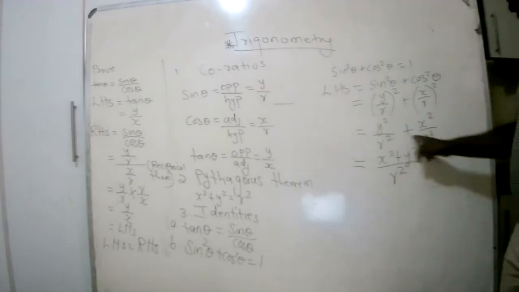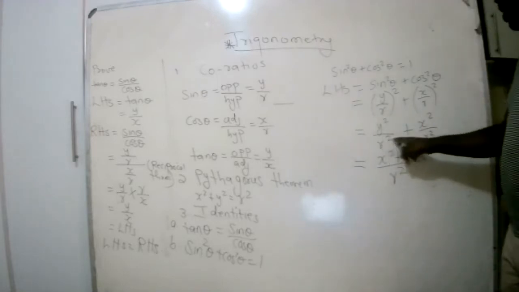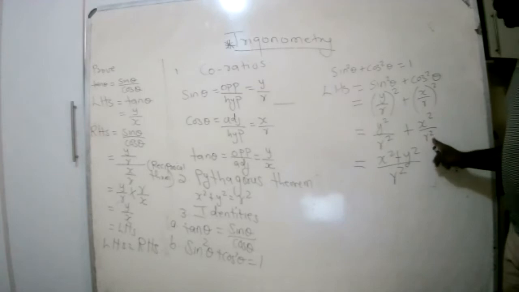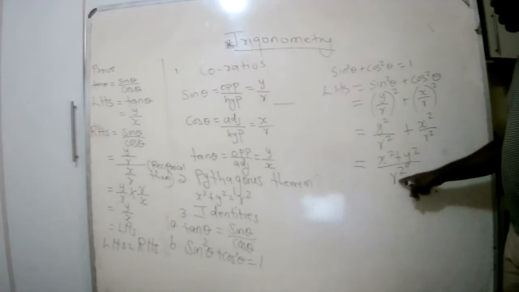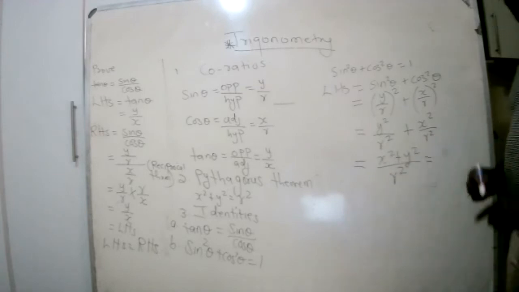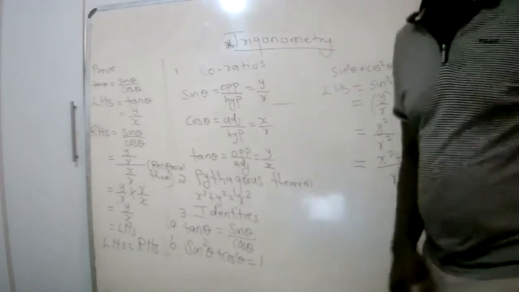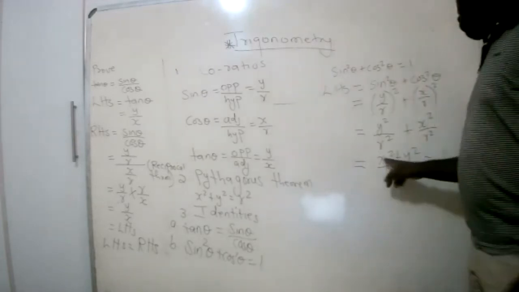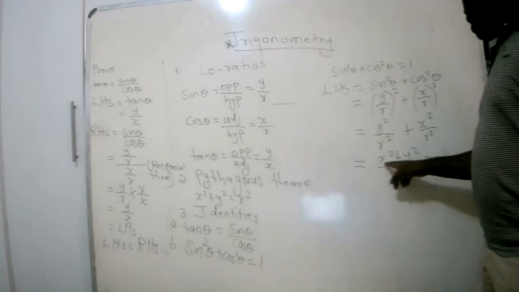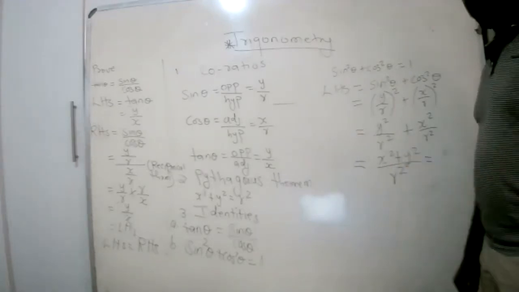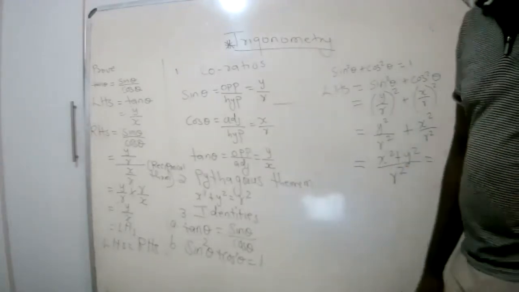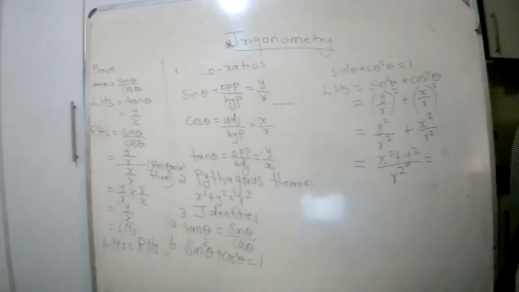If we add the numerators, we're going to have x squared plus y squared, all divided by r squared. Why? Because the denominators are the same: we have r squared here and r squared there. But from Pythagoras theorem, what is x squared plus y squared?